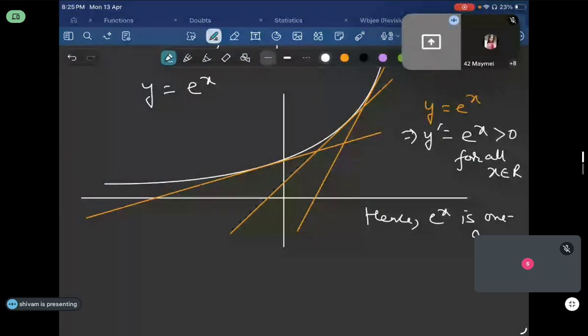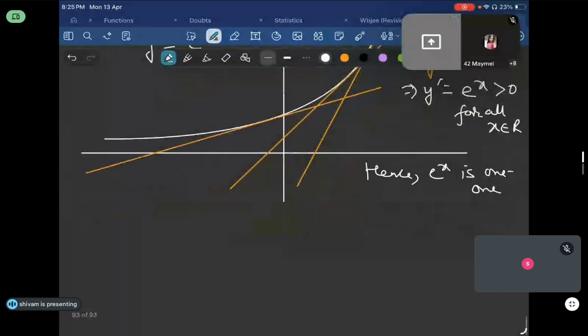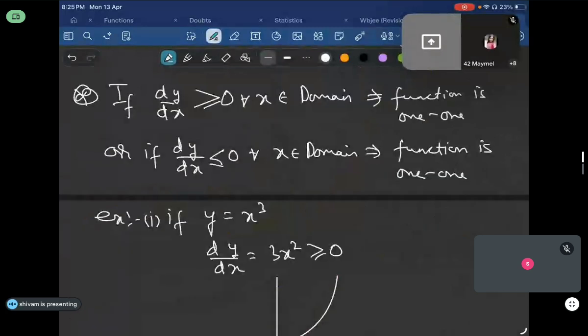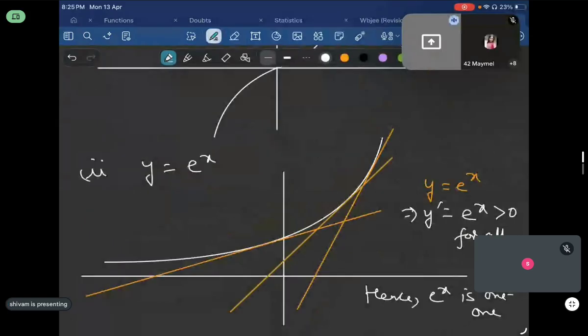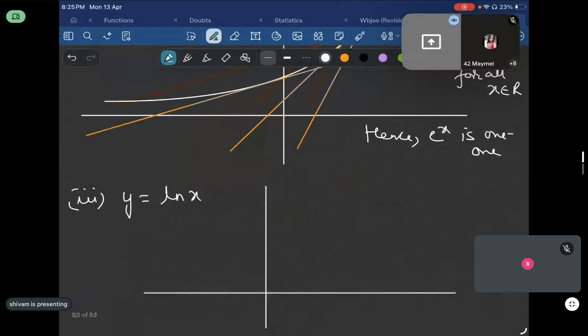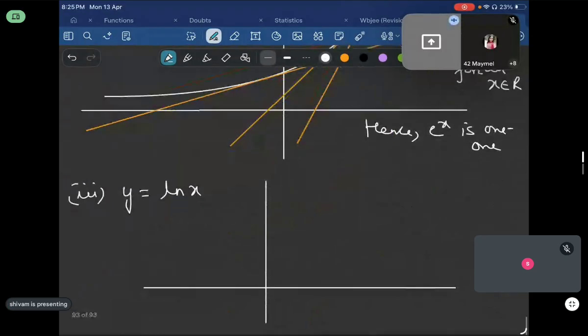Another example. This is example number 1, this is example number 2, example number 3. What about y equal to ln x? Do you think it is one-one?